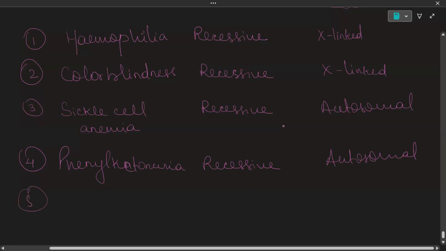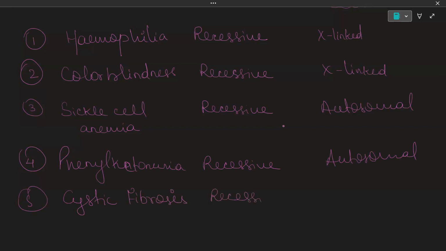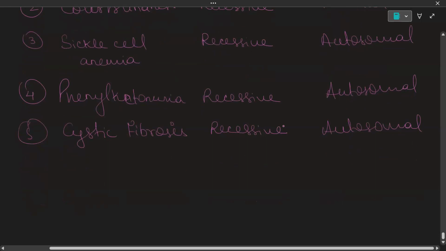Then comes cystic fibrosis. Recessive, also autosomal. Now moving forward, coming on to the sixth one, that is thalassemia. It is also the same case.